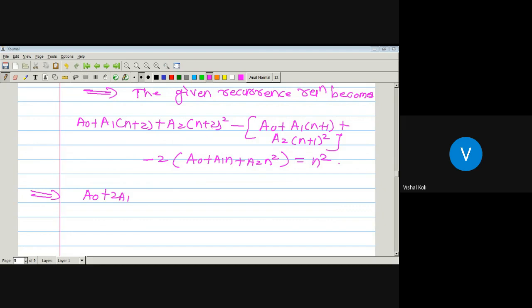Here we have n square plus 4n plus 4, which gives 4 times a2, minus a naught. From here we get minus a1. From this one we get minus a2, minus 2 times a naught.